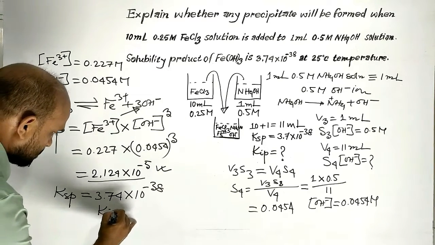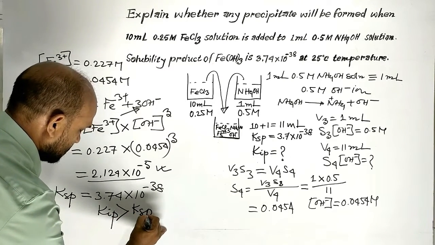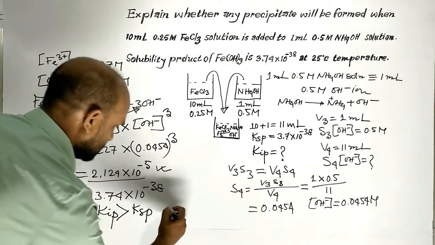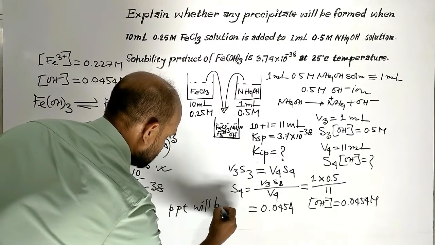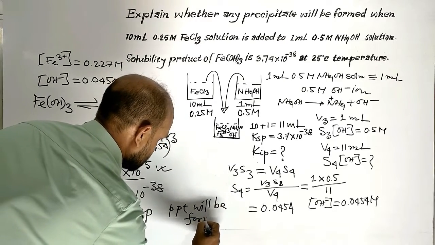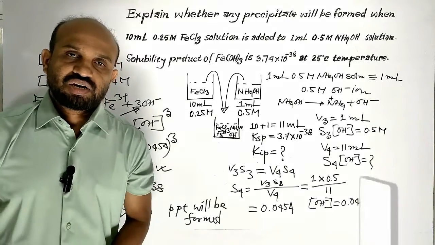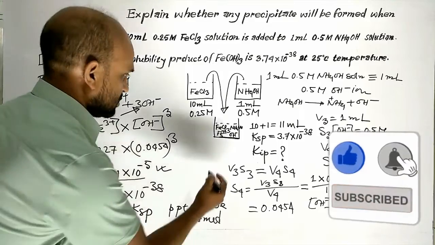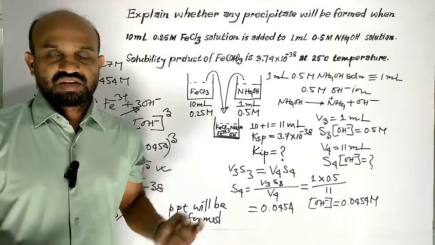So the ionic product is greater than the solubility product. That means, as the ionic product of ferric hydroxide is greater than the solubility product, precipitate will be formed in the mixture. Thank you for watching.